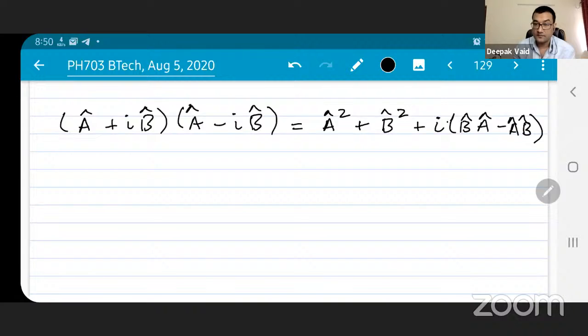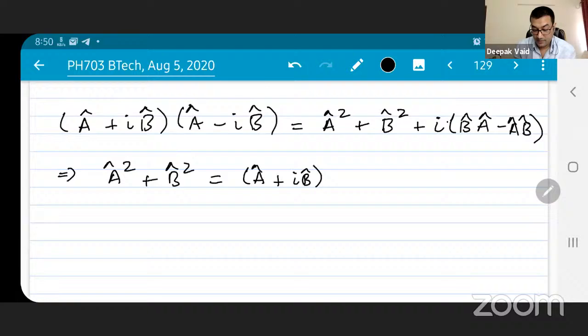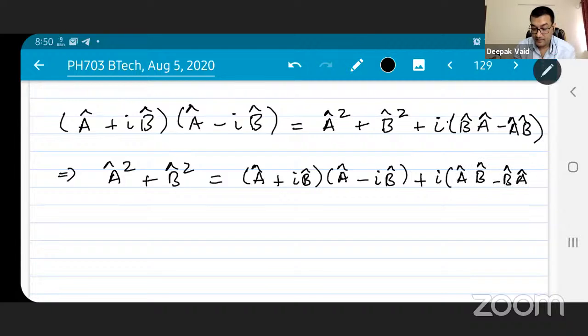So if these are operators, then a square plus b square can be written as a plus ib, a minus ib, plus i times a hat b hat minus b hat a hat.